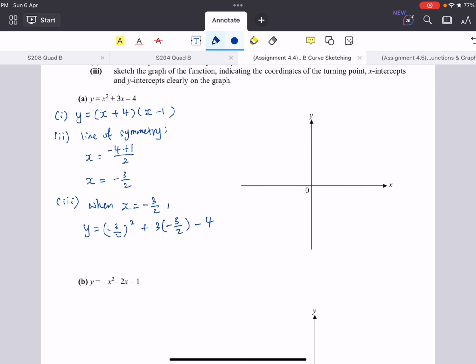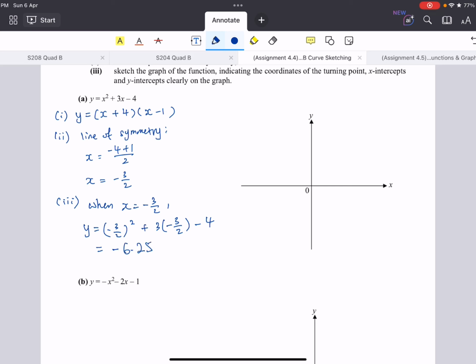Okay, so you take your calculator and work it out. Let me see. Calculator, 1.5 squared, plus 3 times 1.5 negative, minus 4, equals. So negative 6.25, that's what I've got.